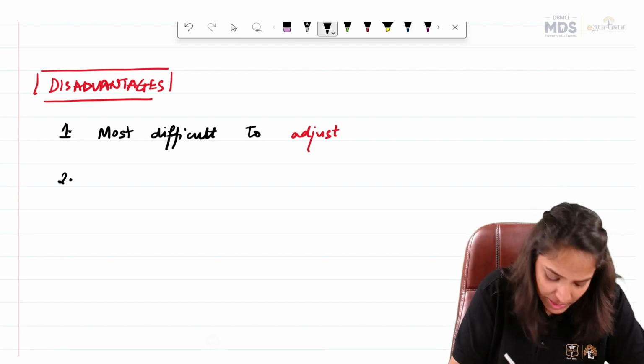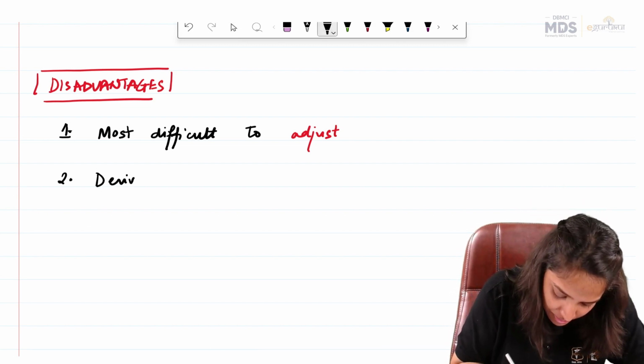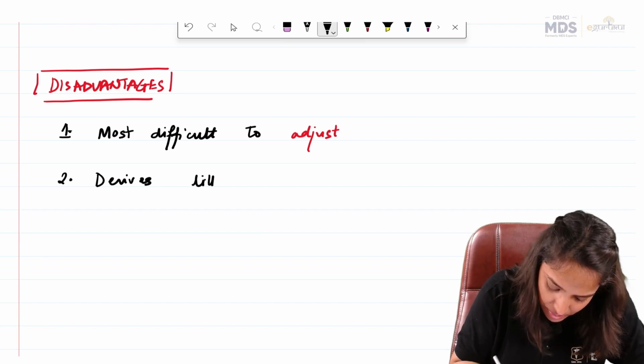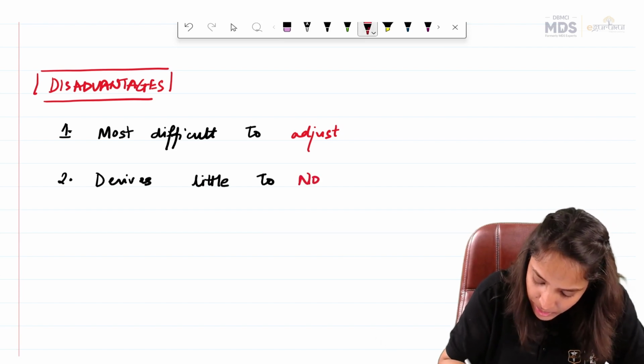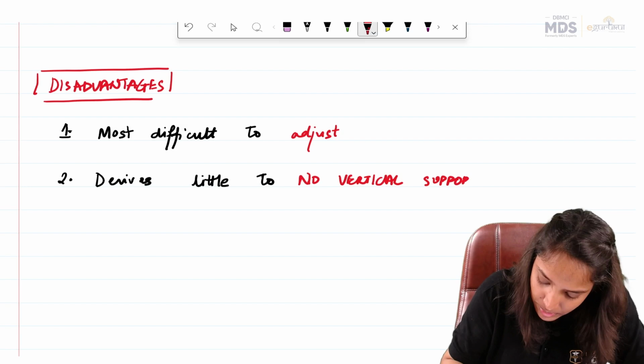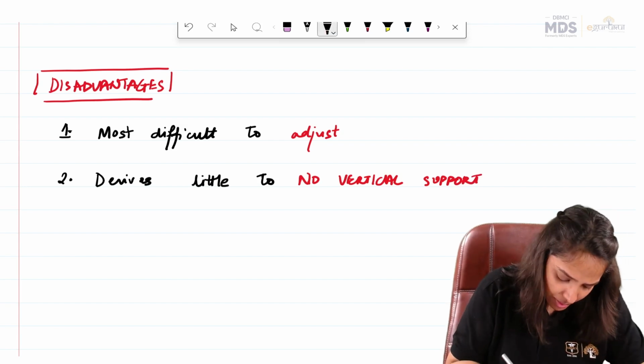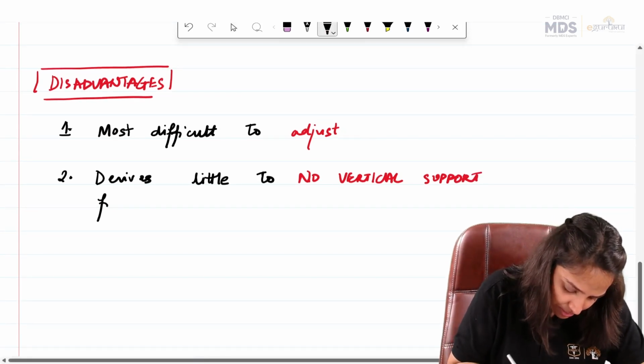Second is it derives little to no support, no vertical support from the arch.